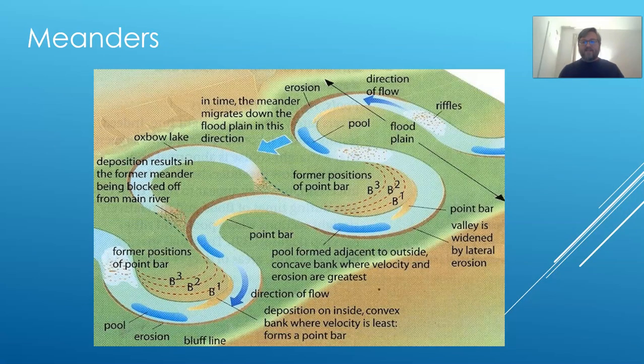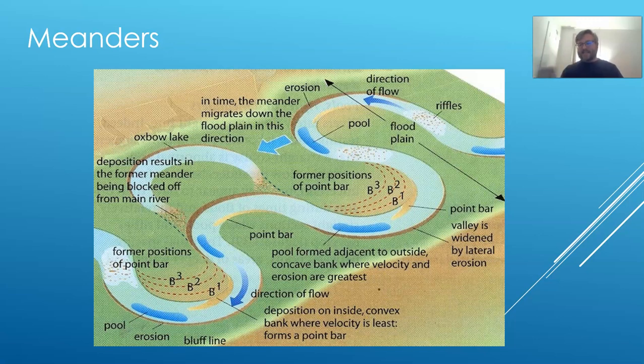But we can slice it even finer than that, because streams will reshape their course as they go through a balance of different forms of erosion and deposition. And one of the characteristic forms this takes is something called meanders. So if you've looked at a river on a map, you may have seen the river doesn't just flow relatively straight.